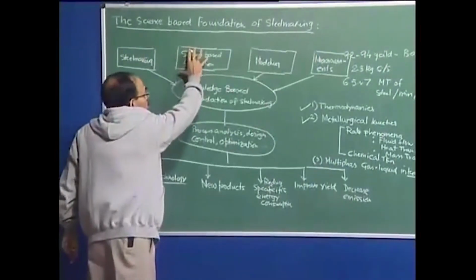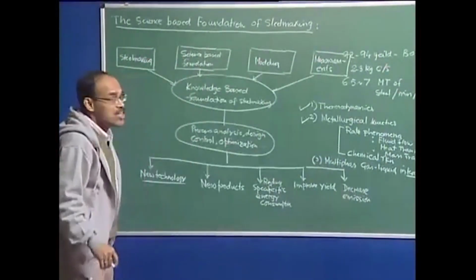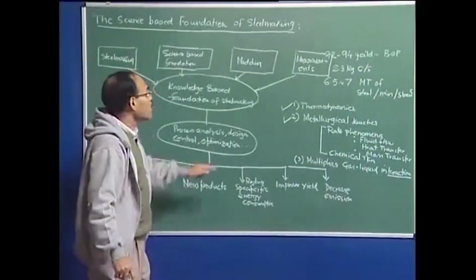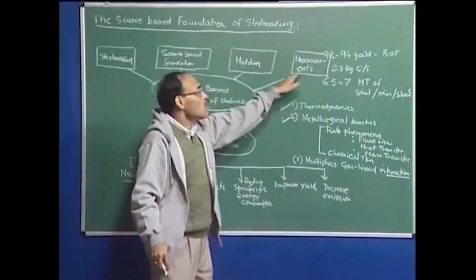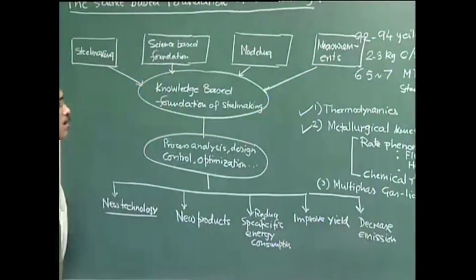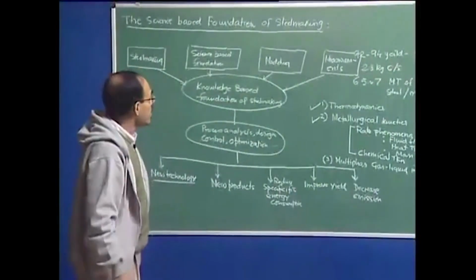Unless your science base foundation is good, you will not be able to build models, and if you do not build models, you will not be able to make any meaningful interpretation of the measurements that you might intend to carry out.